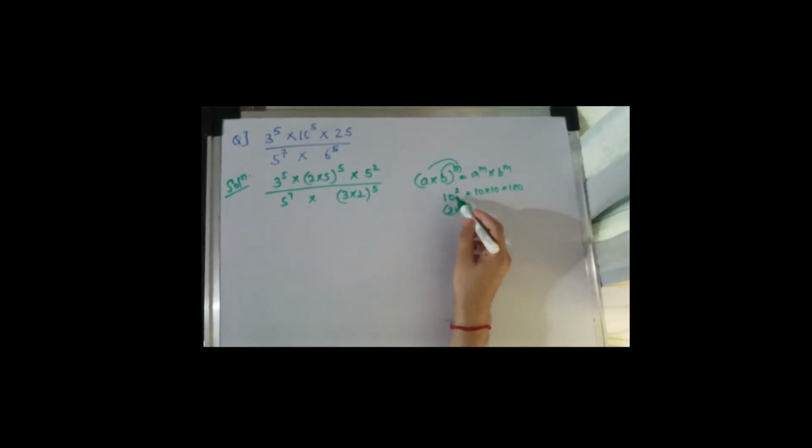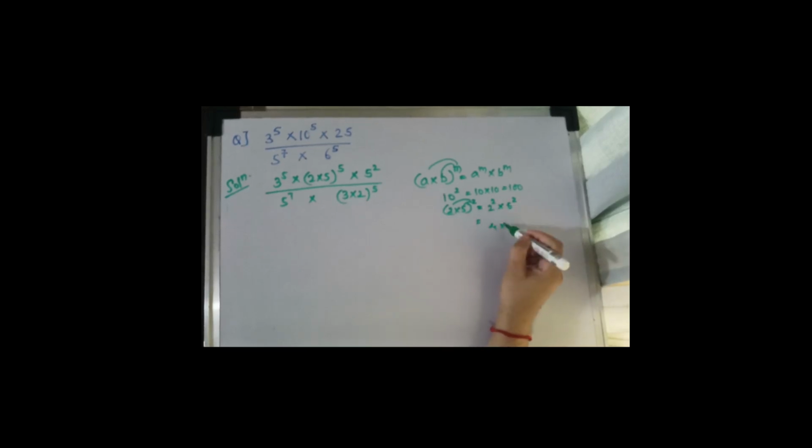Now if you are writing 10 to the power of 2 like this, 2 into 5 to the power of 2, this 2 will come on this 2 base, and this 2 will come on this 5 base. So 2 to the power of 2 into 5 to the power of 2. We are just checking. 2 to the power of 2 is 4, and 5 to the power of 2 is 25.